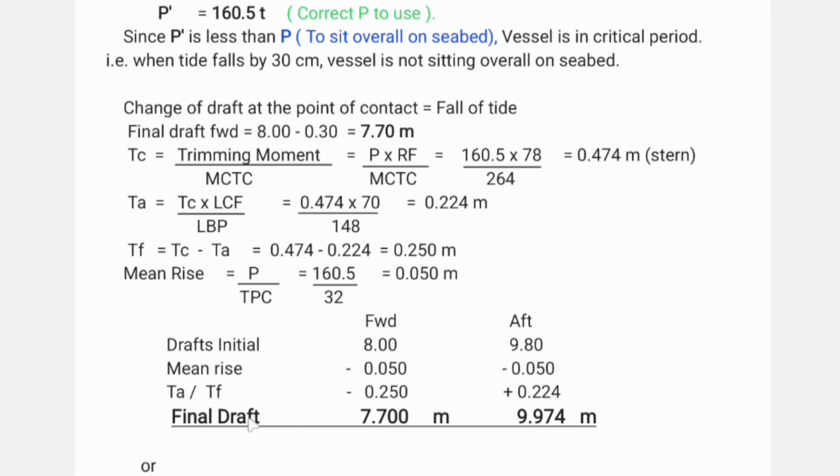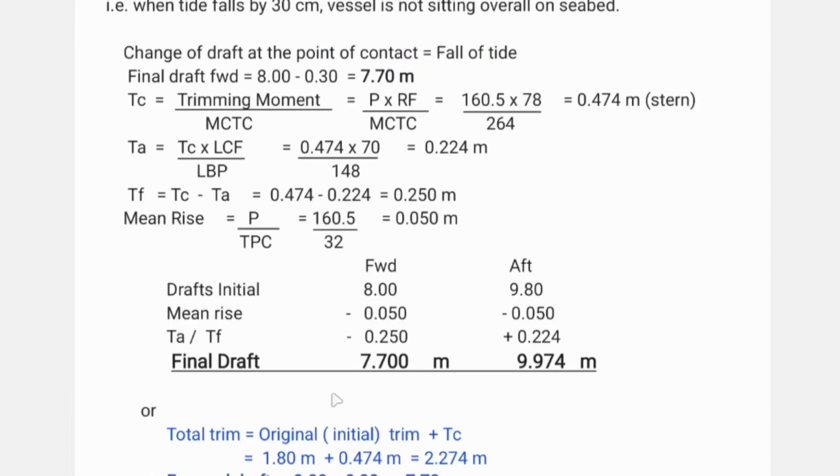So final draft forward is 8 minus 0.050 minus 0.250, which is equal to 7.70 meter. Aft draft is 9.80 minus 0.050 plus 0.224, that is 9.974 meter. We only need to know that the forward draft is 8 meter, and when the tide falls by 30 centimeter, the forward draft will be 7.70. Aft draft is 9.974.